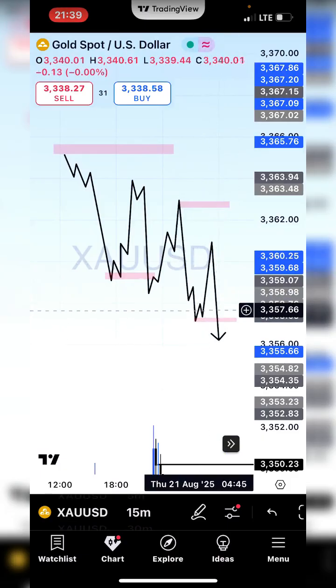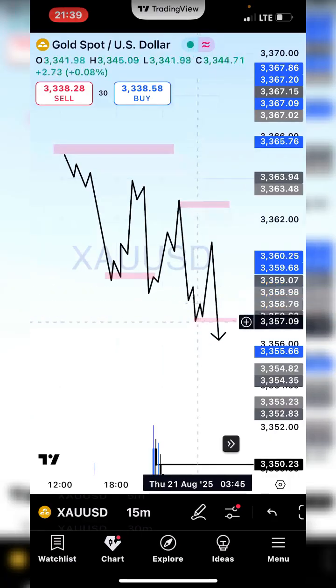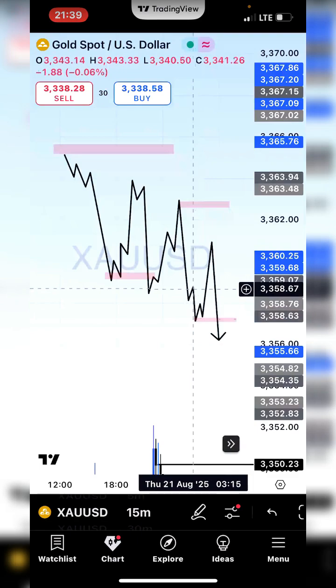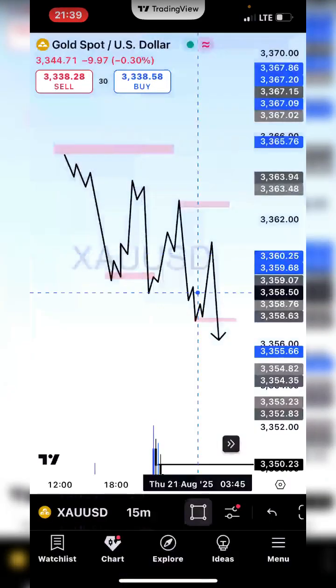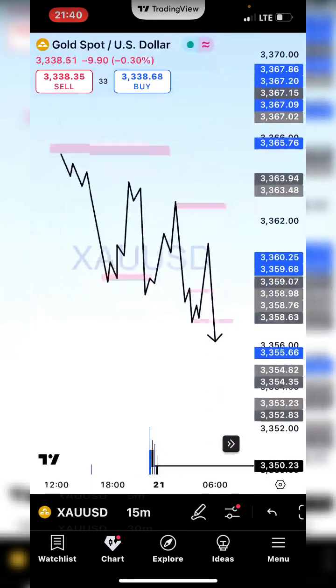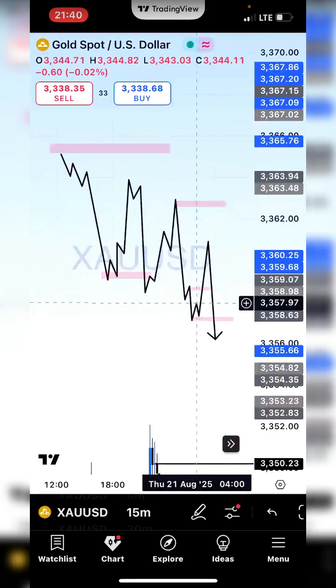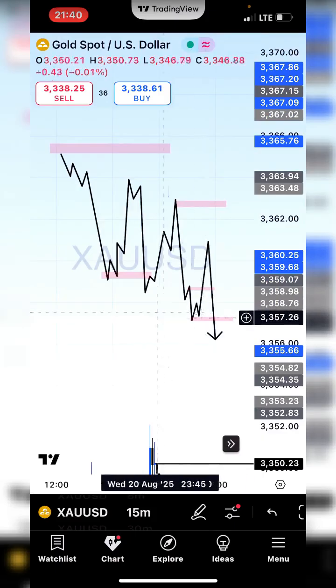Now from here to here, you can see this mini range. So this high too is also a structure retest. I don't know if this looks complex, but it's not that complex. And even this mini high here, from here to here, this high is a structure retest, and here is also a structure retest.